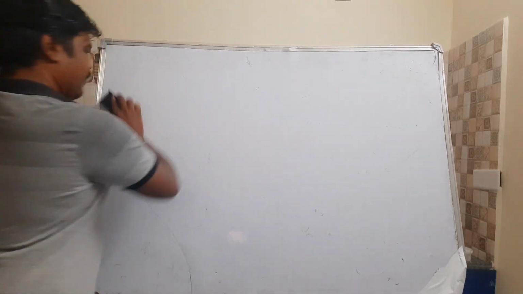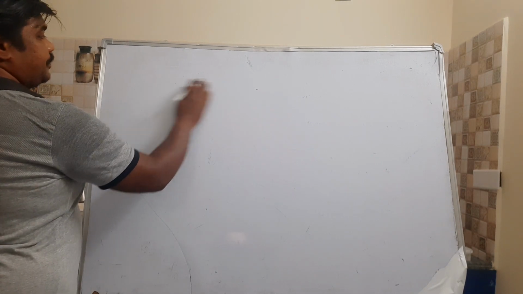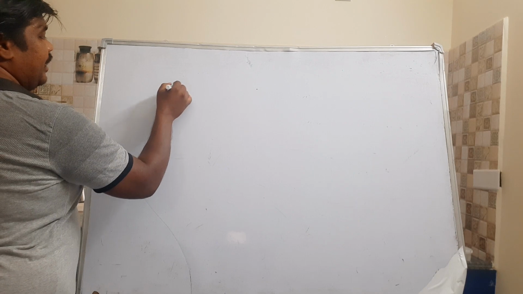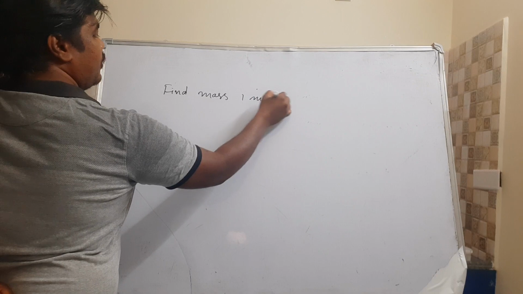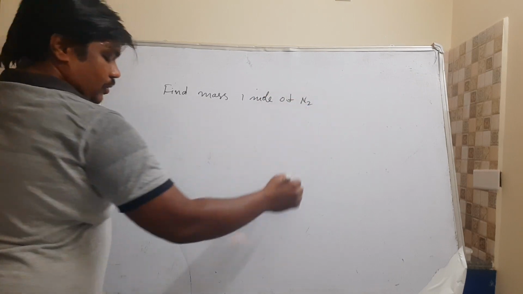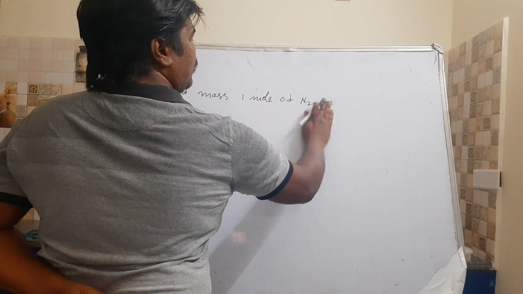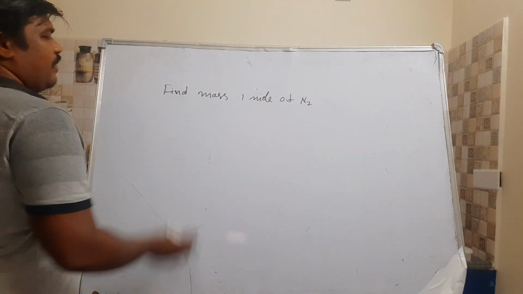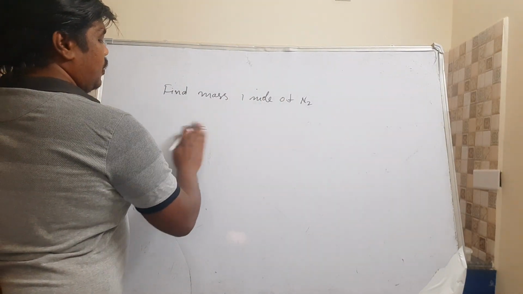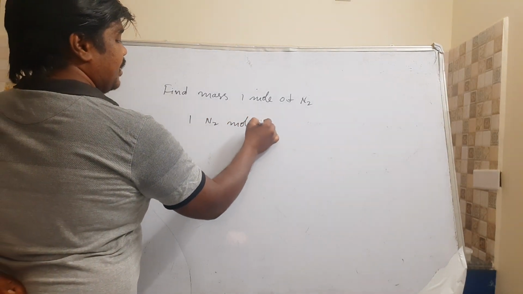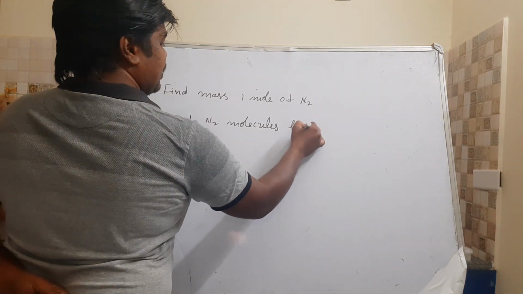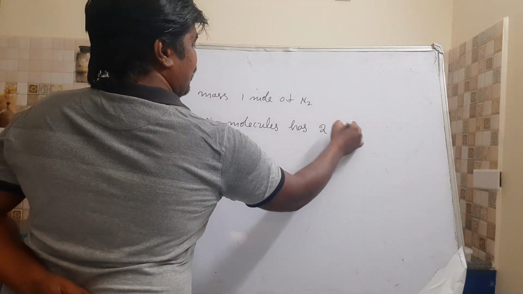Then when you come to molecules, students, suppose we need to find the mass of 1 mole of N2 molecules. One N2 molecule has two nitrogen atoms, right?